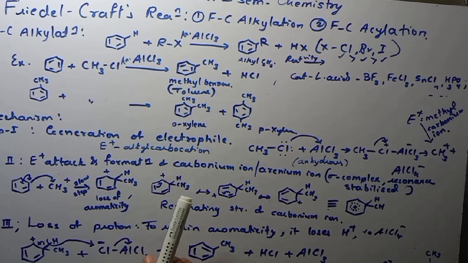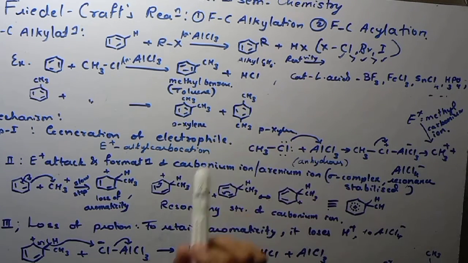So here, when benzene reacts with alkyl halides in presence of anhydrous aluminum chloride, it forms an alkyl benzene along with hydrogen halide.